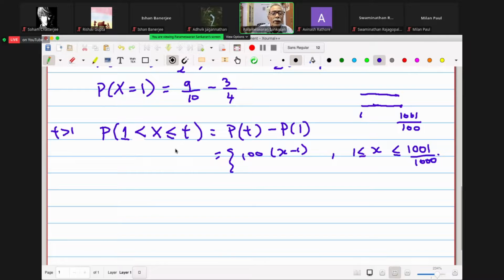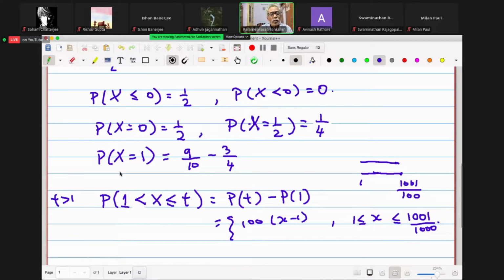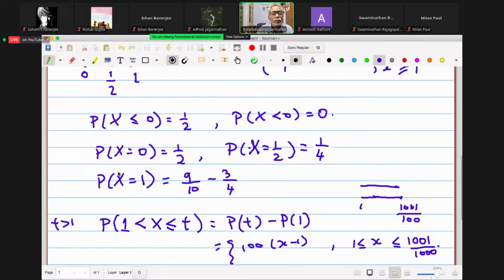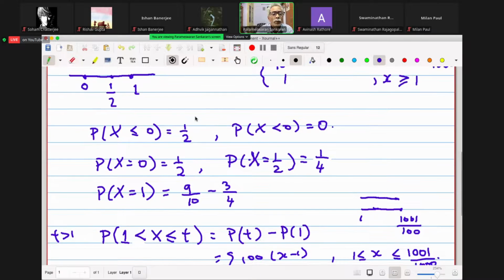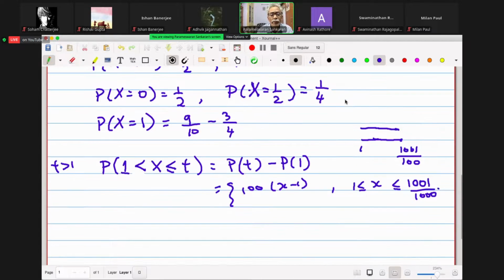You have defined your random variable, or rather you have said what values it takes. It takes the values 0, half, 1, and then all values between 1 and 1001 by 1000, and that's it. You can think of it that way.